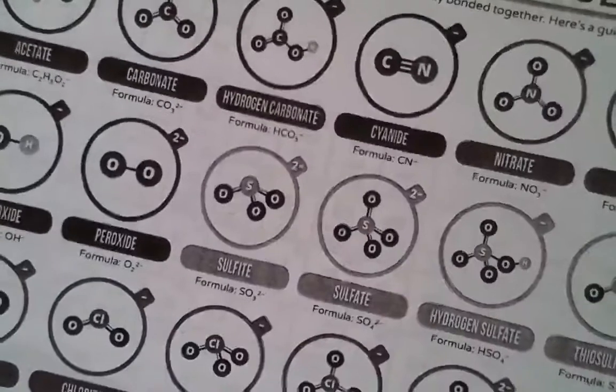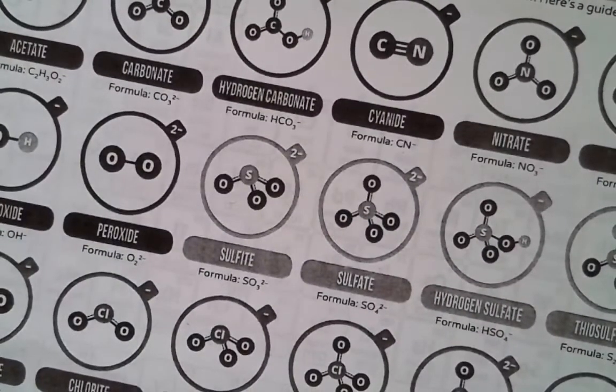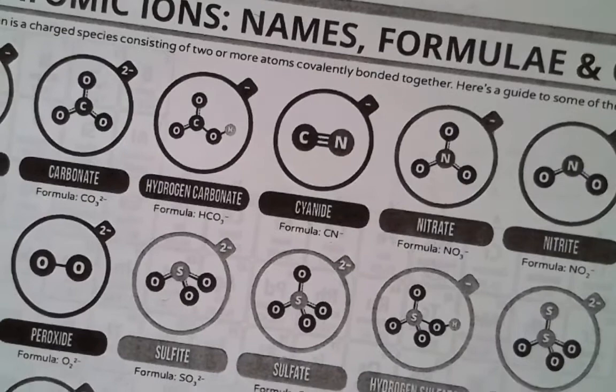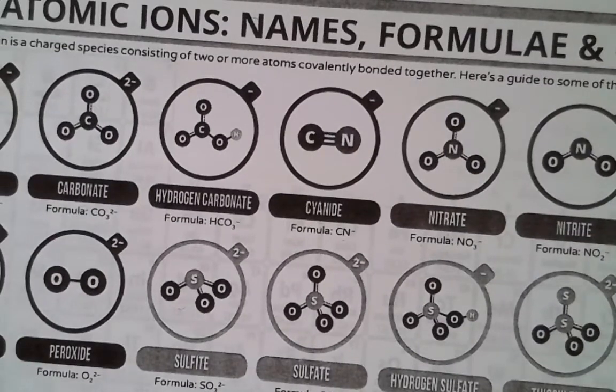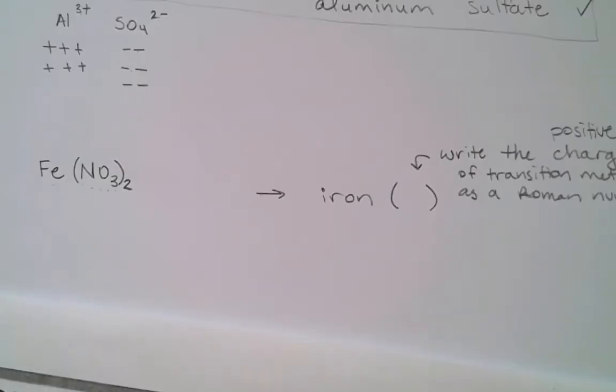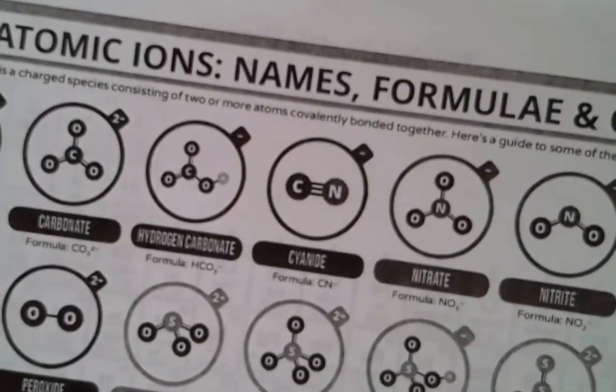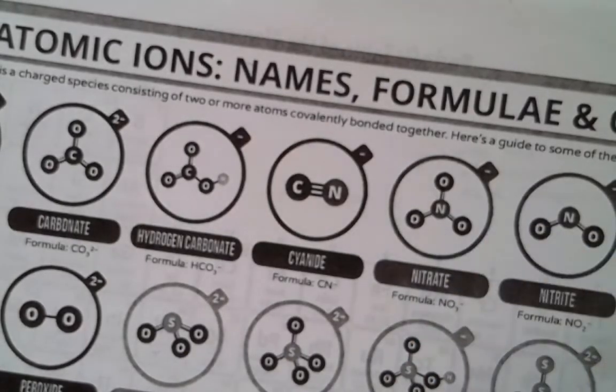Here's your page of circle thingies. Find your nitrogens. Got some nitrogens up here. And you're looking for 1 nitrogen, 3 oxygens, because you've got NO3. Those are your options there.